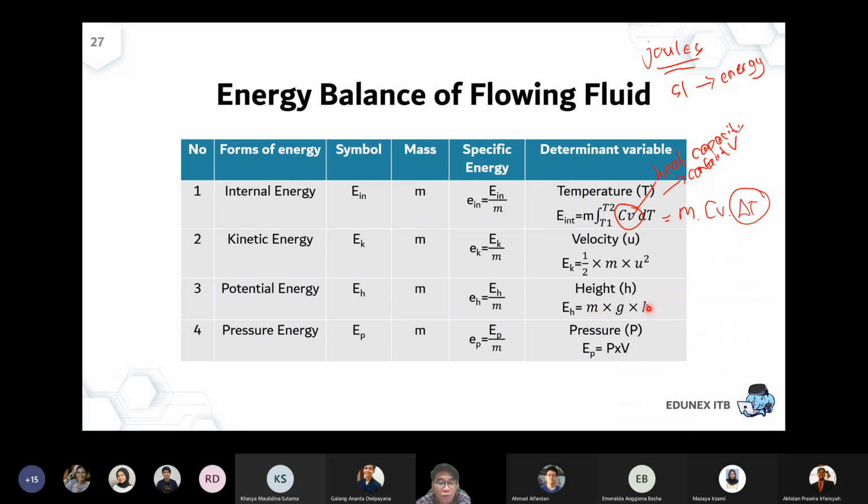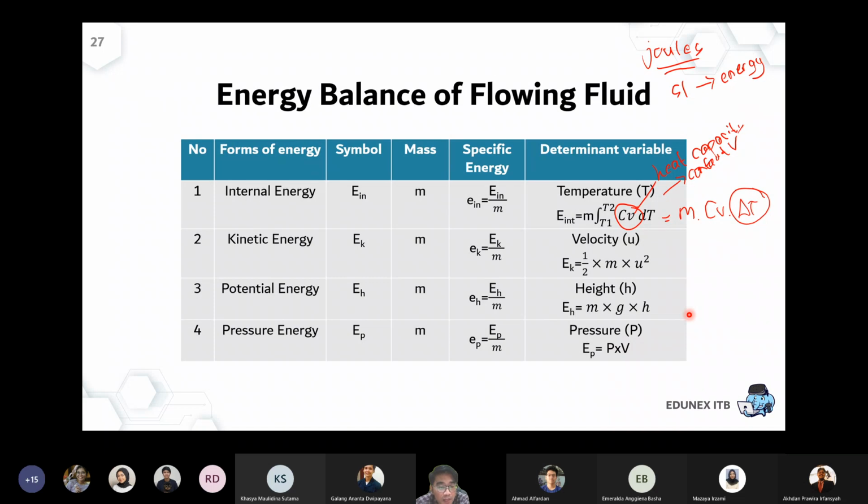The unit, same, joules. Okay, the last one will be the pressure energy. So the pressure energy is the energy contained in fluid flow because the flow will have a certain pressure. Pressure is force divided by area.